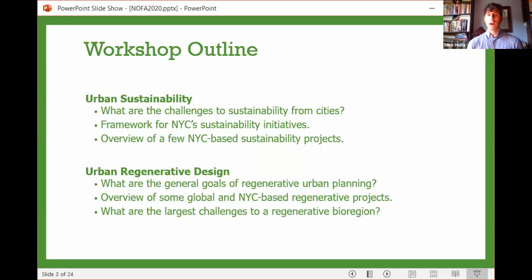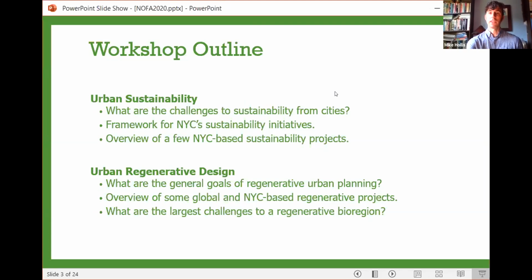A quick outline: we're going to go relatively quickly through urban sustainability, and apologies that it'll be quite dense. This will look at some of the challenges that cities can present from a sustainability standpoint, the framework for New York City's sustainability initiatives, and an overview of a couple of New York City's sustainability projects that have been enacted or are currently taking place.